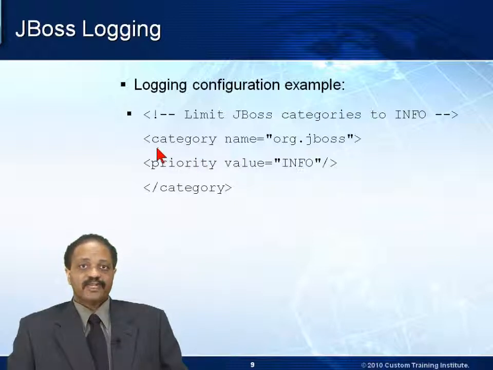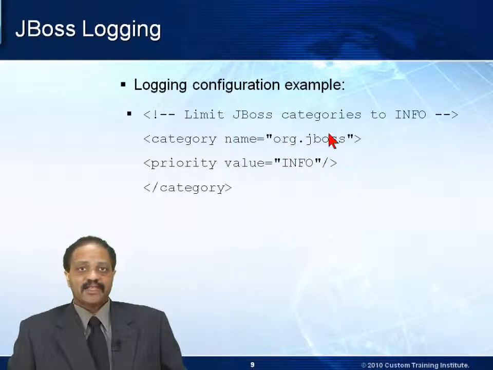In this case, we're going to limit information that comes out of org.jboss. So we're going to say that the category org.jboss, so any information that comes out of that, will be limited to info.